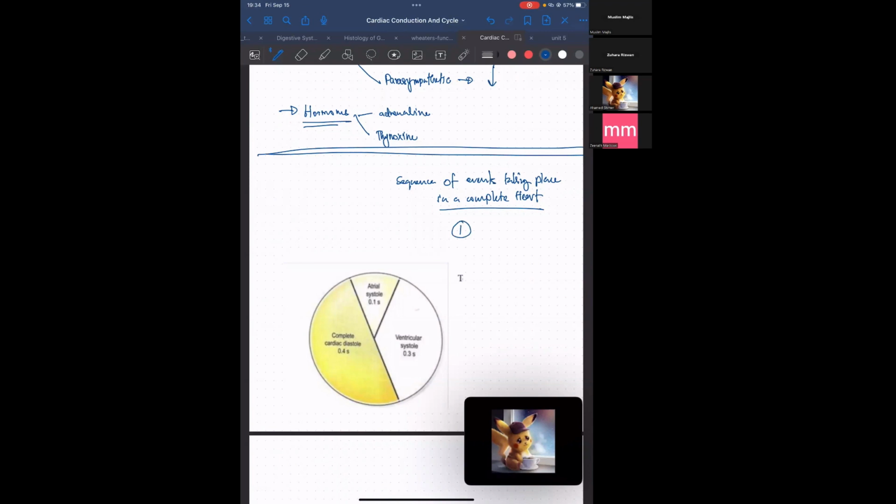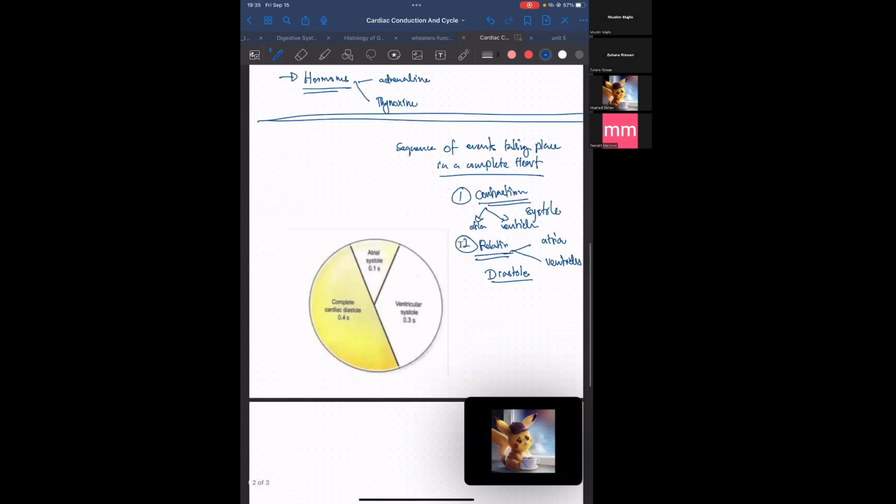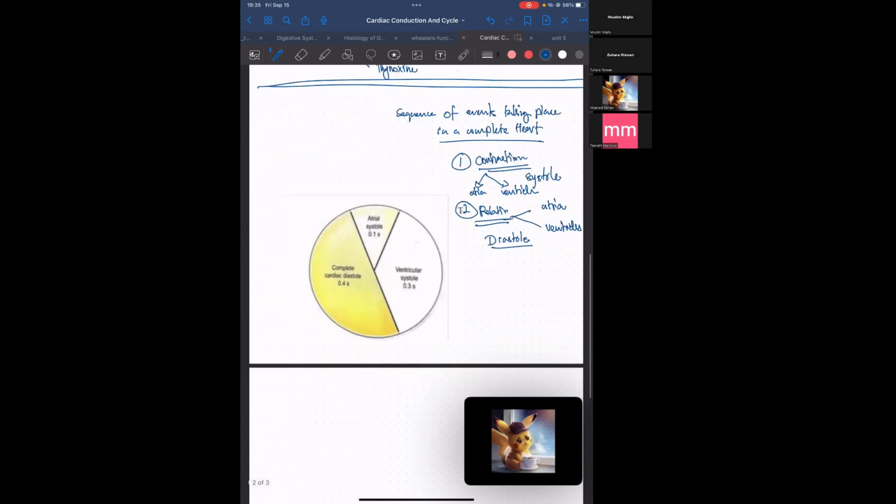This is a very brief introduction that I can give about the cardiac cycle. Here you all need to know about the duration, what happens, and how that opens and everything.